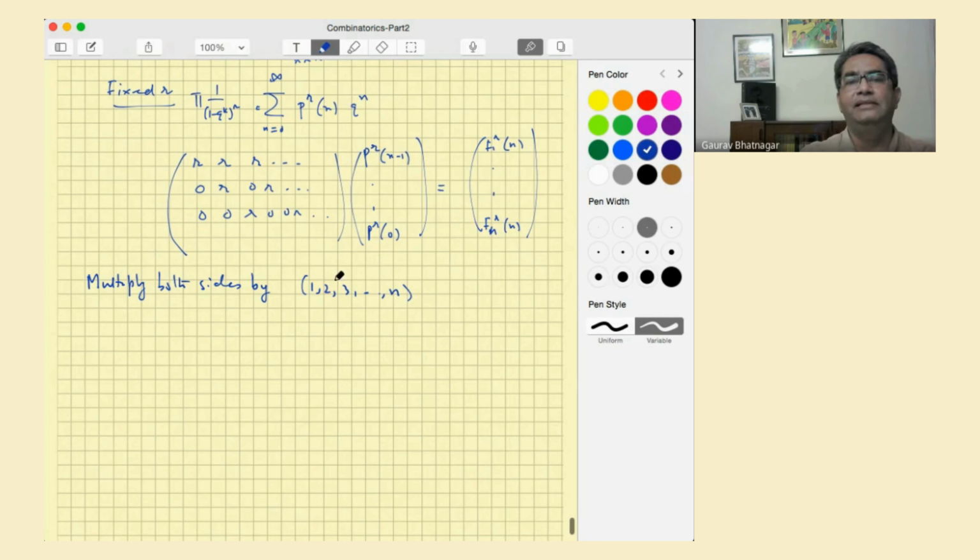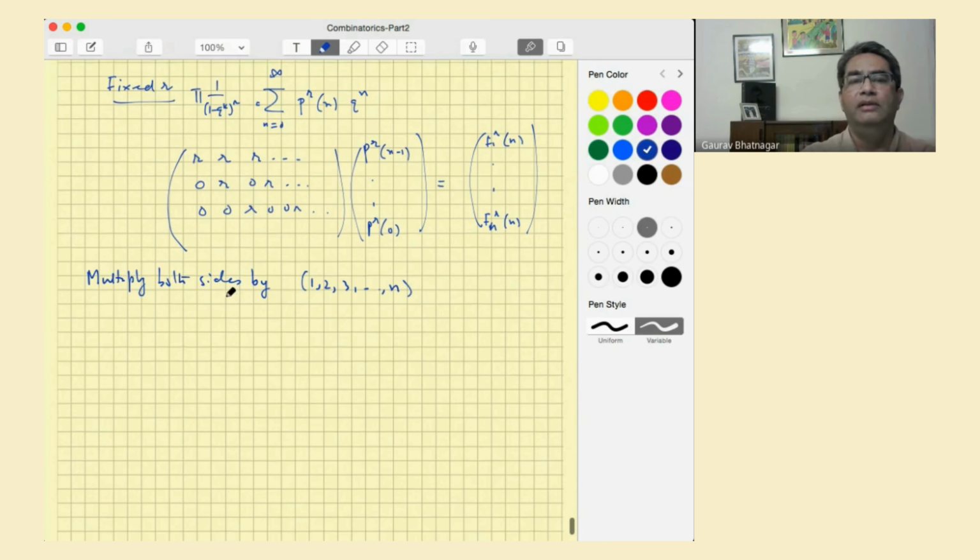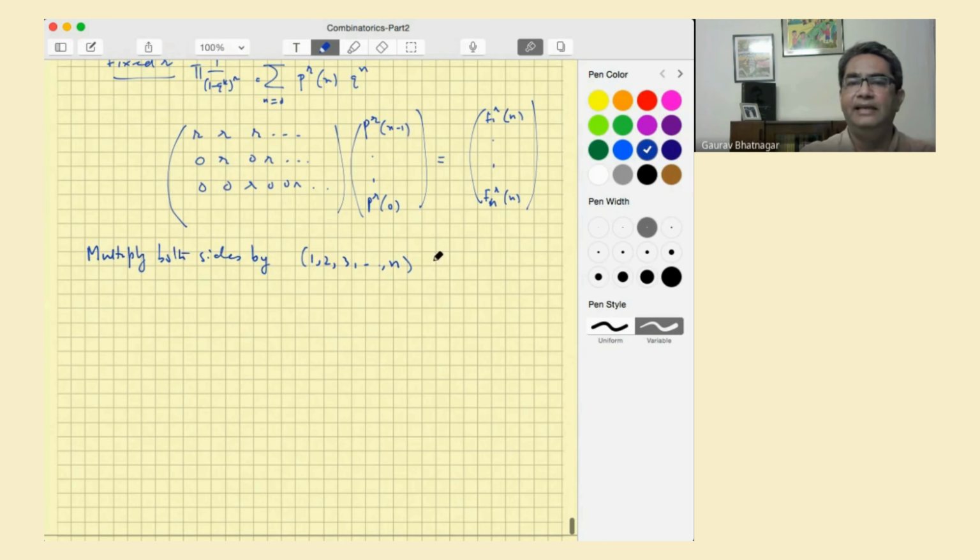So I multiply by this, I'll get ones in the first row, then 2 in the second row, 3 in the third row, and so on. When I multiply by both of these and then sum the columns, what do I get? I get r sigma 1, 2, and so on, r sigma n, sigma 1 n, sorry.